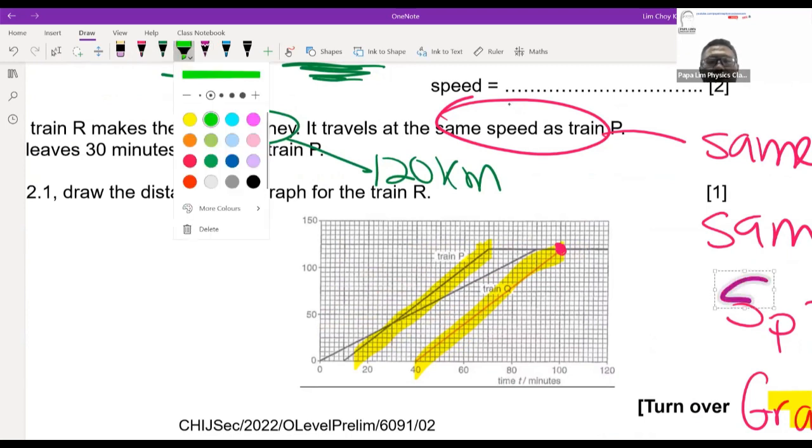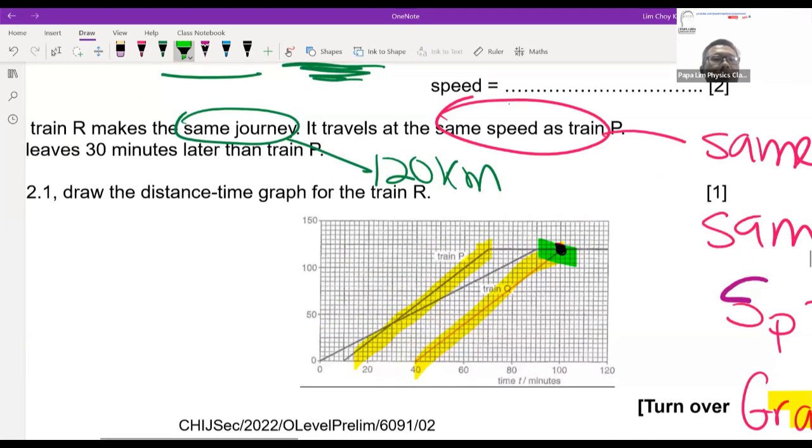What about the third piece of information? The third information we have is that R operates 30 minutes later than P. So if P starts at 10 minutes here, 30 minutes later will be plus 30. So R will start at 40 minutes, and it reaches 120 kilometers because it reaches the same station.